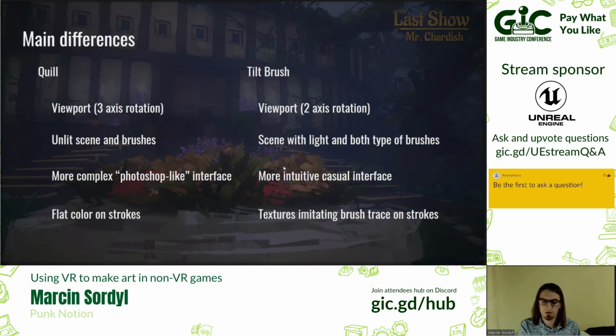In Quill there were only flat colors, but in Tilt Brush there were additional textures on every stroke, every kind of brush, imitating the brush trace, and it was connected to the lighting, because the light in Tilt Brush makes the strokes feel like in real life.